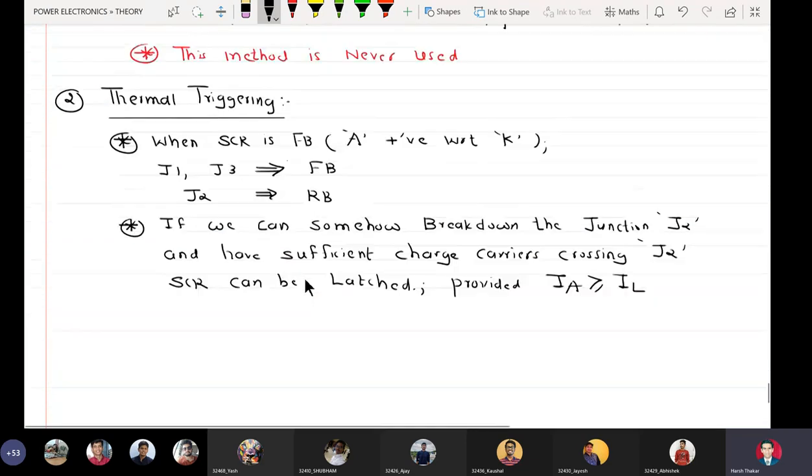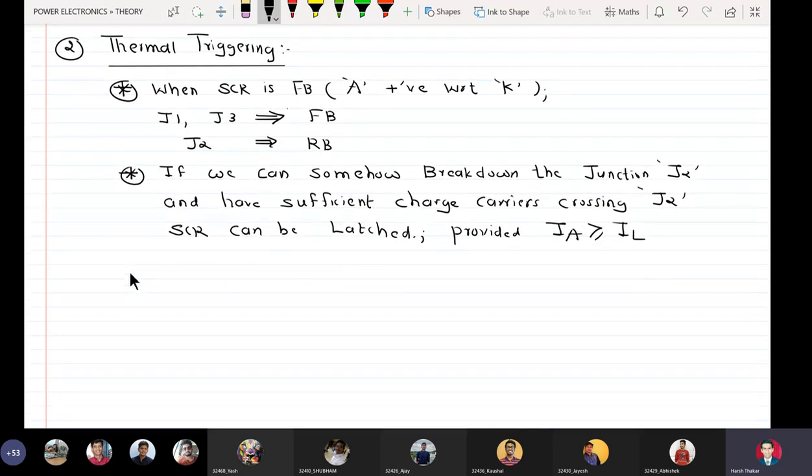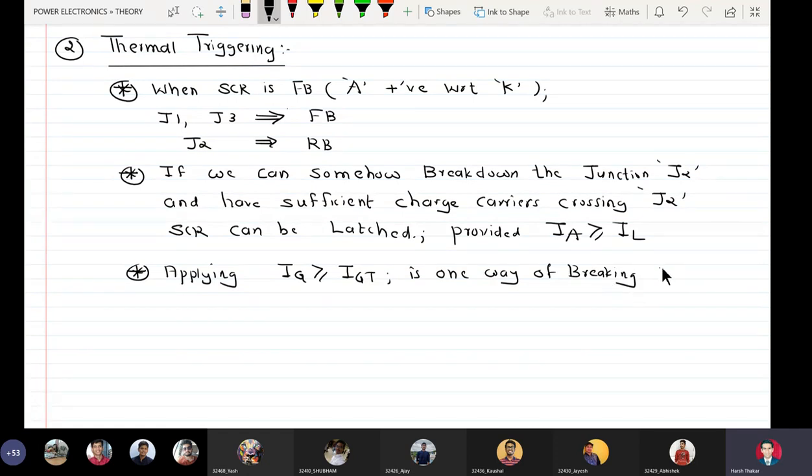The method which we have used to break down junction J2 till now is actually gate triggering, right? So I can also write a comment here. Applying a gate current IG greater than or equal to IGT is one way of breaking J2.